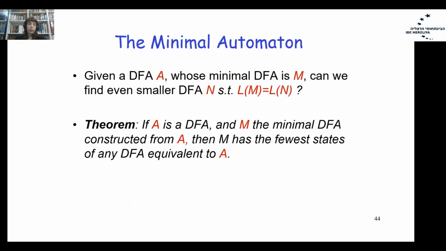We are almost finished. Given a DFA whose minimal DFA is M, can we find an even smaller DFA N such that L(M) equals L(N)? Basically, no. The minimal DFA that we constructed for A has the fewest states of any DFA equivalent to A, so we can't have an even smaller DFA. The proof is not given here during the lecture, but it can be found in the slides of this lecture.